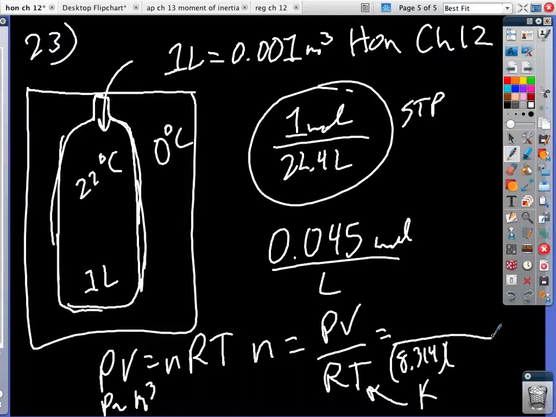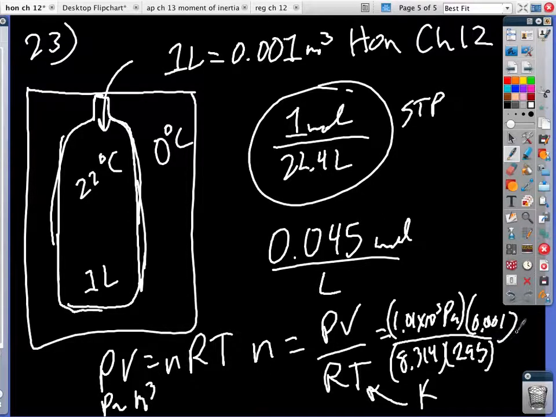With Kelvin, 22 is 295 Kelvin. The pressure should be 1.01 times 10 to the 5th pascals, and the volume is 0.001 cubic meters. So that should work.